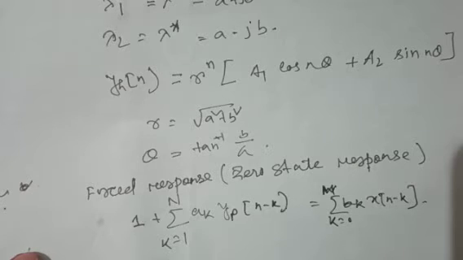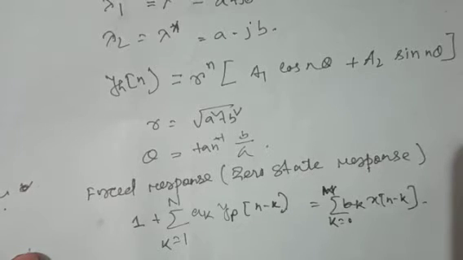If it is something like a to the power n, then the solution will be k a to the power n. Similarly, for n to the power m, it will be k0 n to the power m plus k1 n to the power m minus 1 plus so on, up till km. Likewise, for different inputs, we can have different solutions.